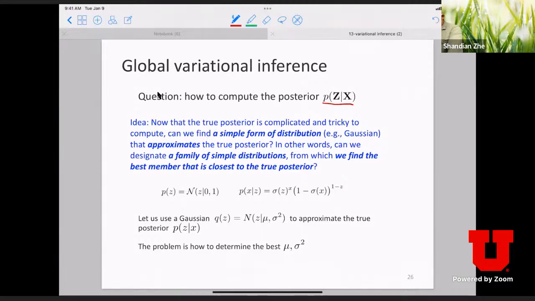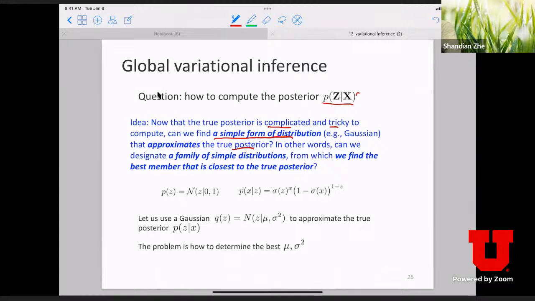The idea of variational inference is as follows. Since the true posterior is complicated and tricky to compute, can we find a simple form of distribution? For example, I just assume this posterior is a Gaussian, and we want to find a Gaussian to approximate the true posterior.